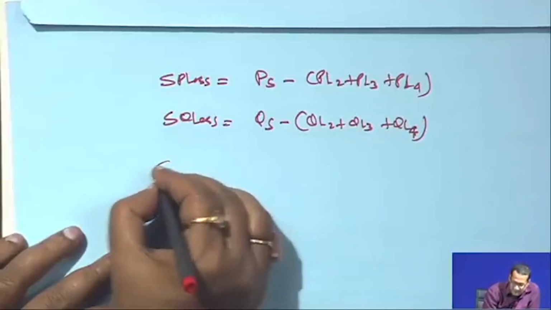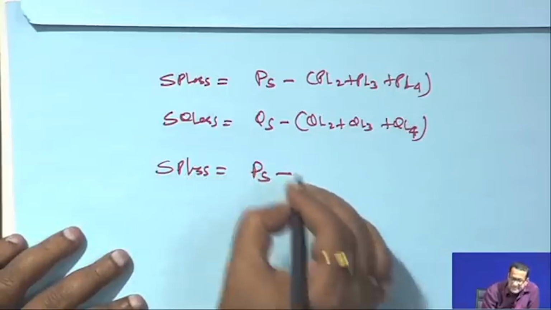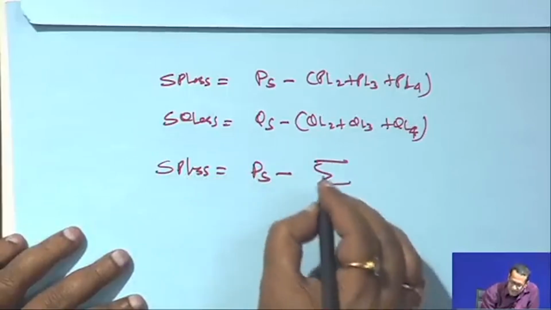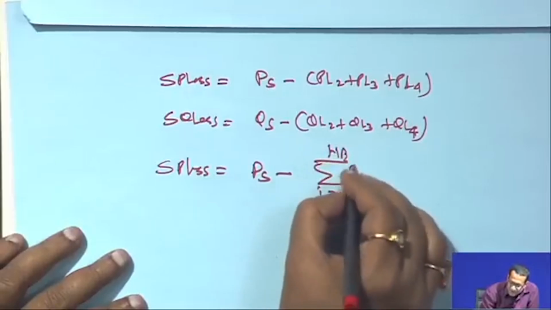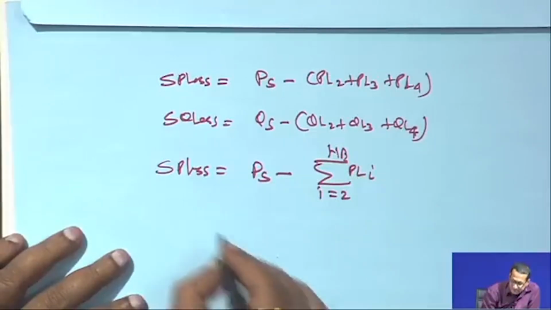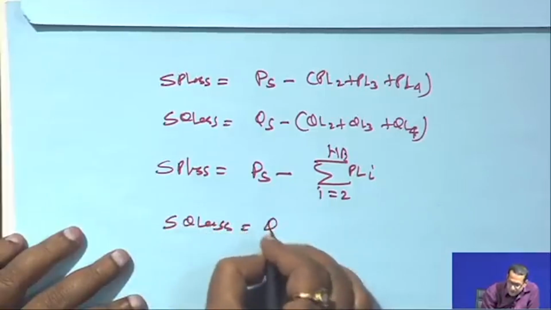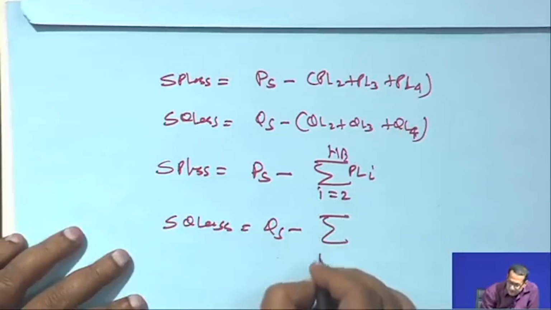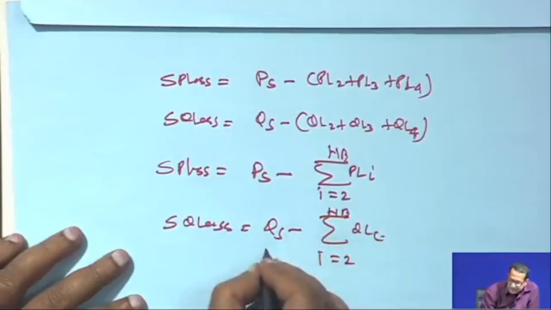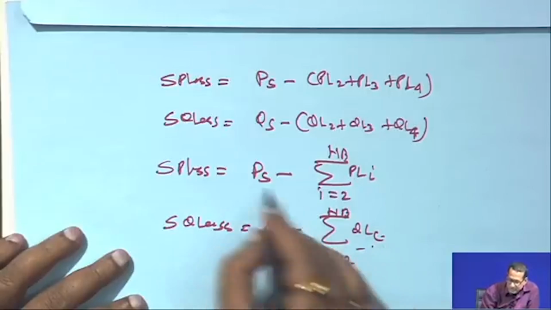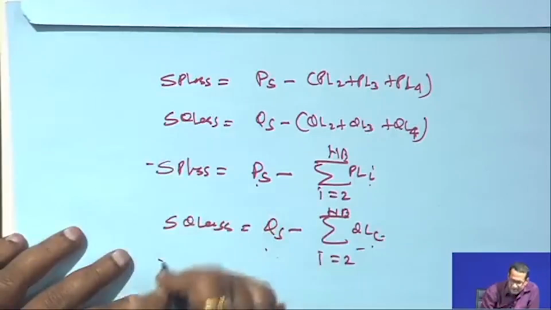In general, the total P loss is equal to the power injected at the substation PS minus the sum of PLi for i equal to 2 to NB, where there are n nodes. Similarly, the total Q loss is QS minus the sum of QLi for i equal to 2 to NB. Injected real power minus total real load, and injected reactive power minus total reactive load, give the P loss and Q loss.